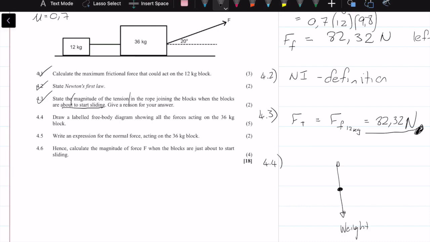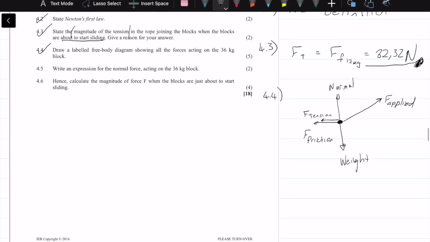It has a normal force, it's got a frictional force, it has force due to tension, and lastly it's got the applied force. We've given all of them labels, and that is our free body diagram, and we get 5 marks for that.